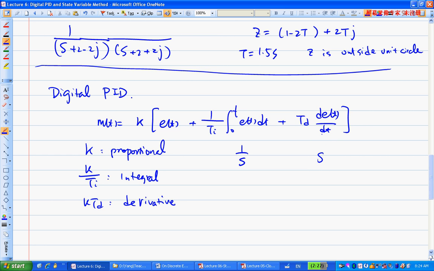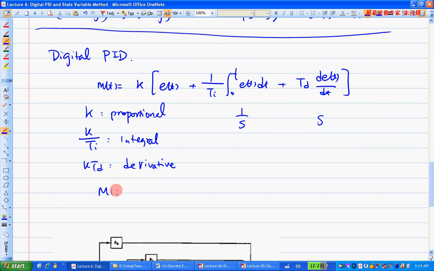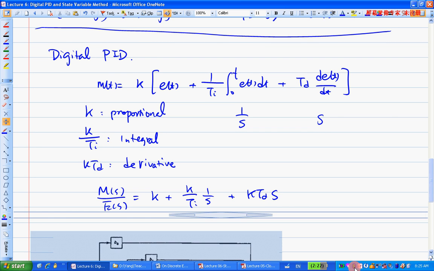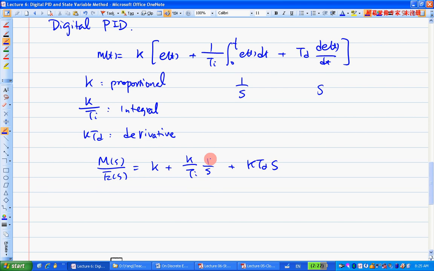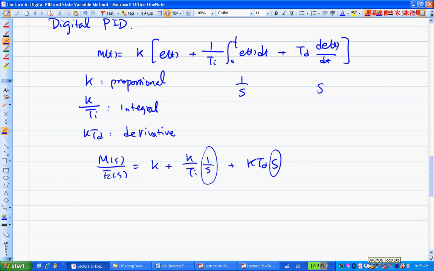So if you take the Laplace transform, basically M of s over E of s equals k plus k over Ti times 1 over s plus k Td s. That's the continuous transfer function for the PID block. If we want to discretize that, all you need to deal with is these two.